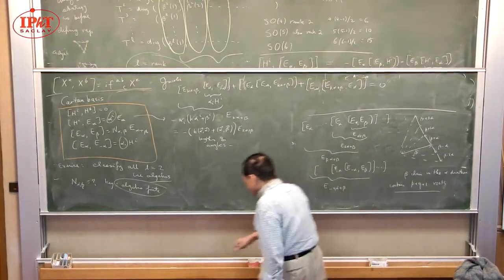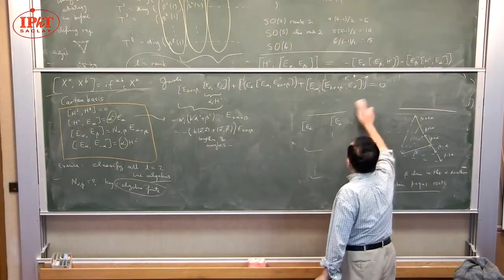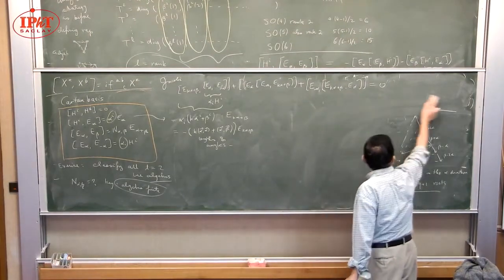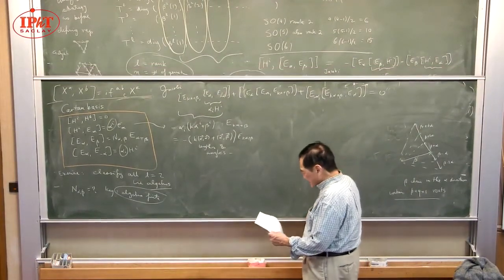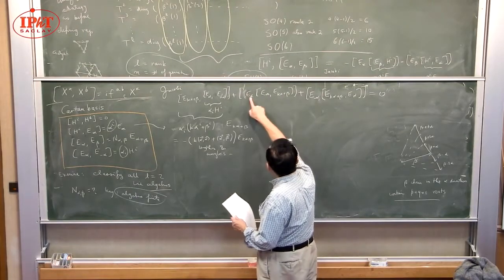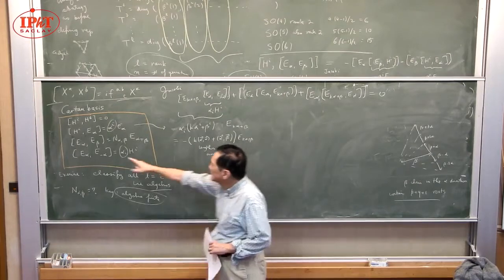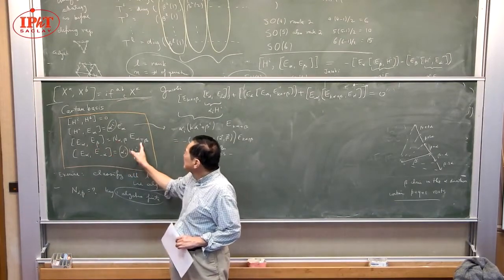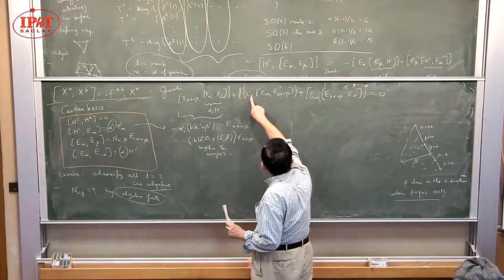Okay, I can erase this. Well, but now you see what this is and what this is. You just add the vectors when you commute two E's, and then when you commute again, you add another vector.